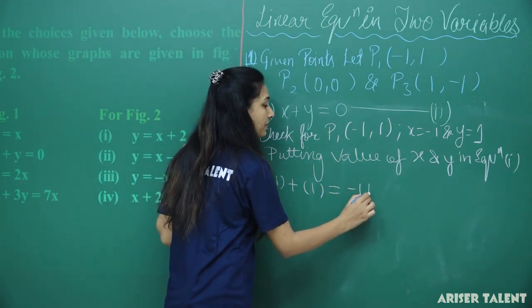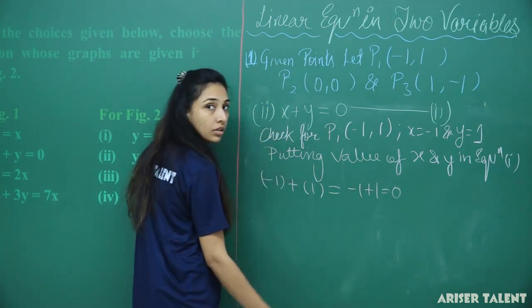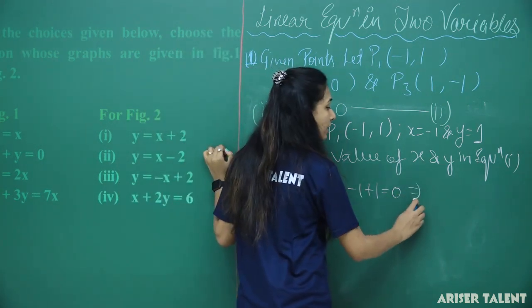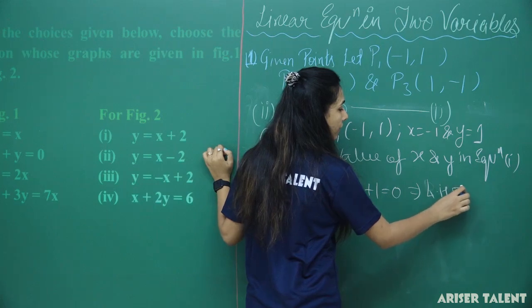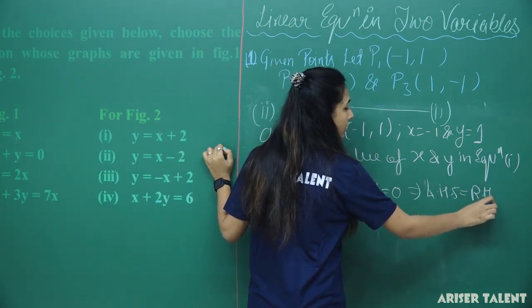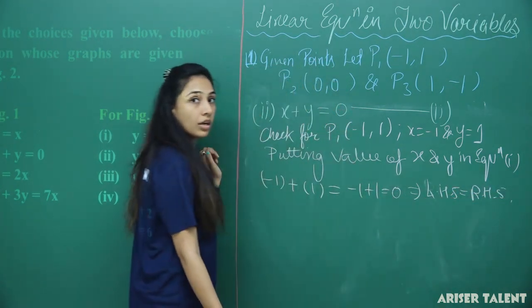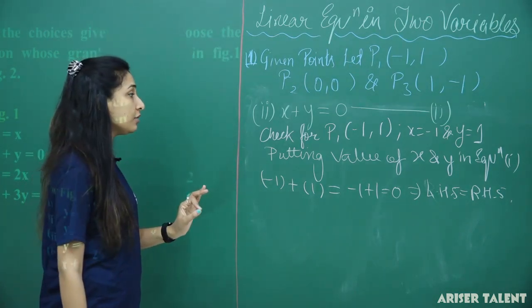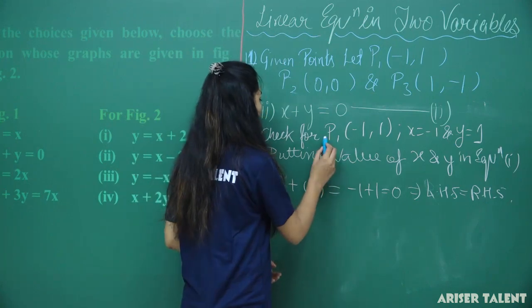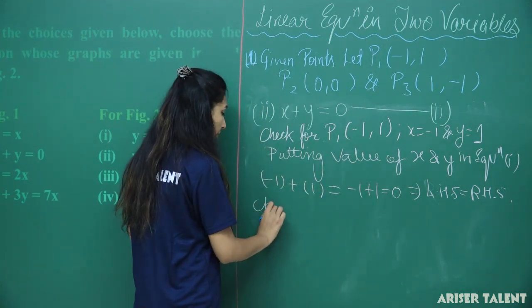This is -1 plus 1 equals to 0. This implies that LHS equals to RHS, or RHS equals to LHS, whatever you want to write. Right. So P1 is the only point satisfying this. Okay. This is the check for P1.